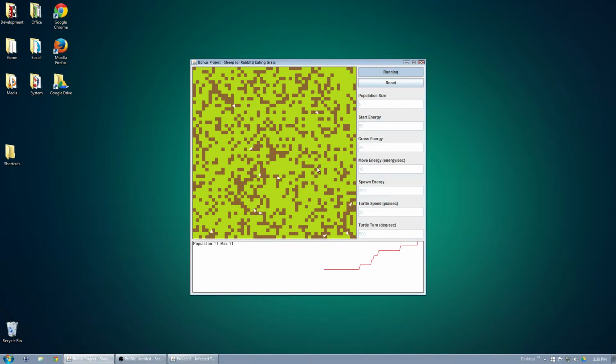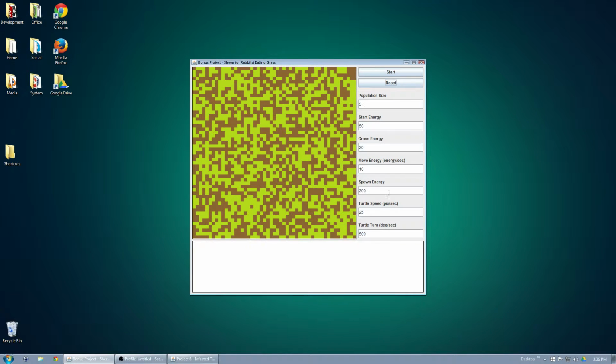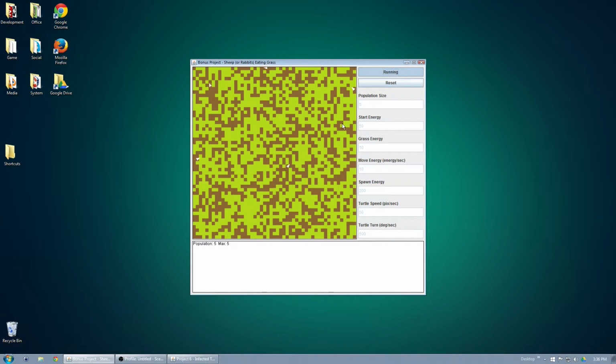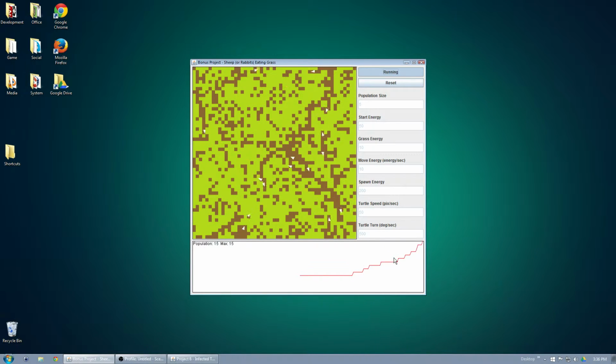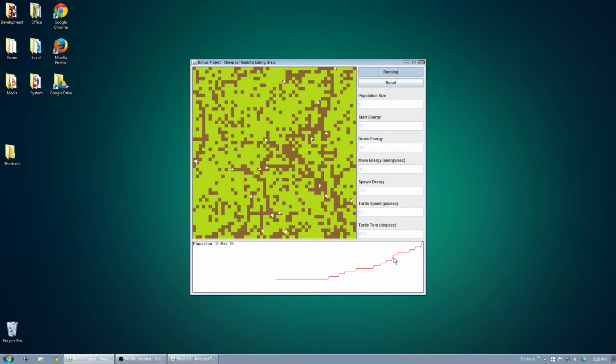Now, I'm going to actually increase the speed also, and maybe decrease that. So now we should see different population growth behaviors.